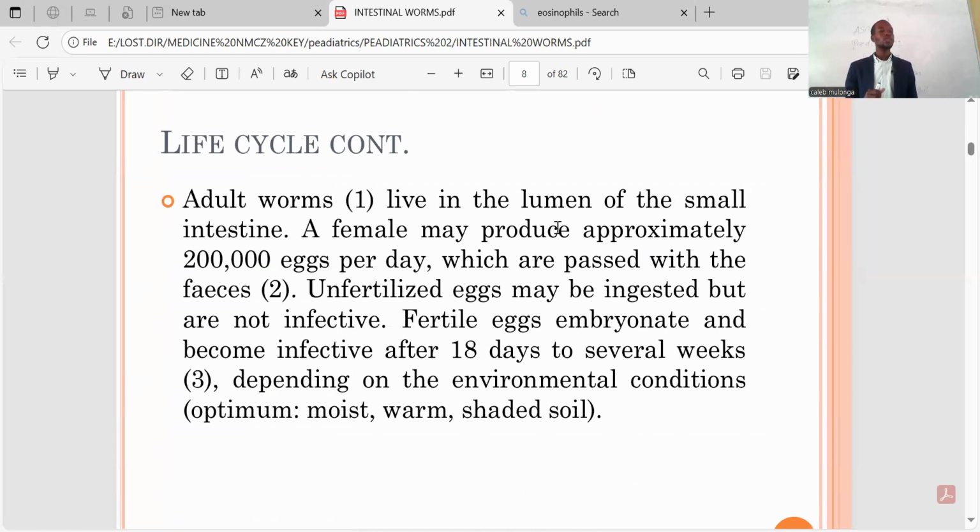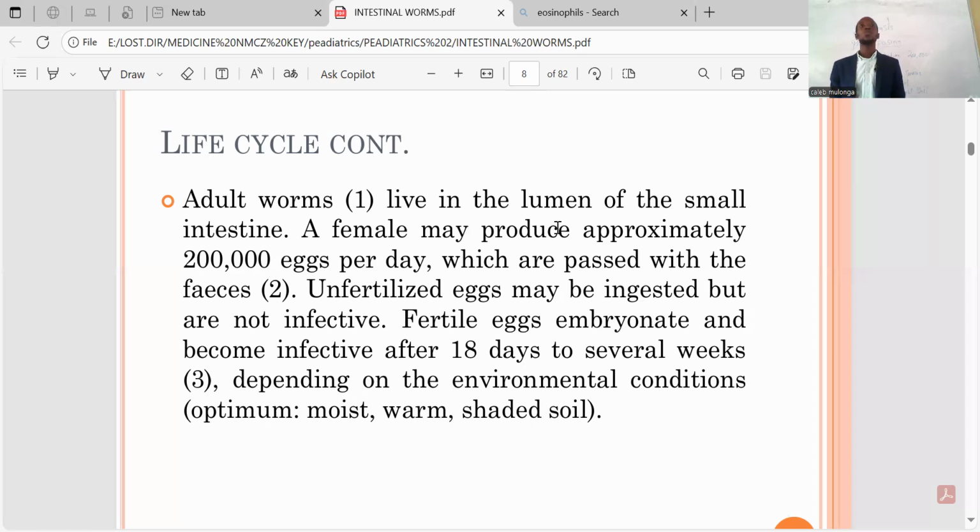So the first thing that we have to understand on the life cycle is that the adult worms live in the lumen of the small intestines, and the female worms produce approximately 200,000 eggs per day.